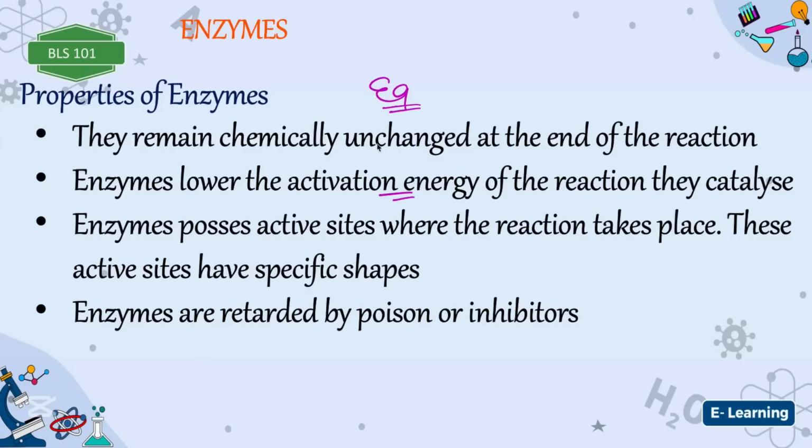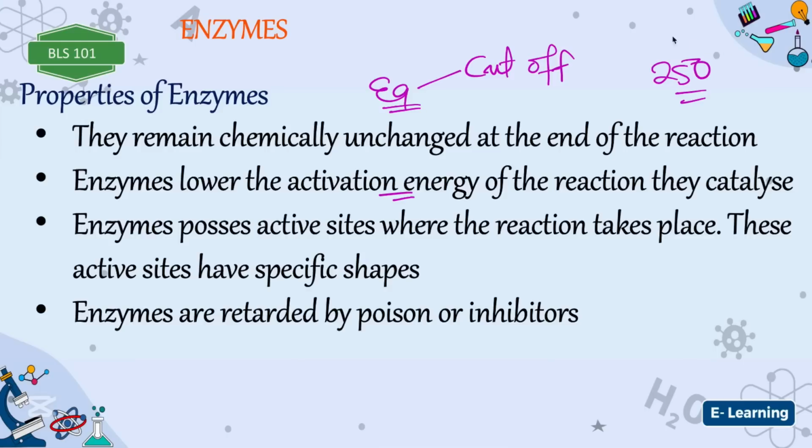Activation energy. All right. Activation energy is more like the cutoff mark. If the cutoff mark in NDU is like 250, some of you will still be at home. You wouldn't have reacted or wouldn't have been in the university. So the activation energy is like the energy that must be reached for a reaction to take place. It's like a cutoff, a threshold energy. Once a reaction reaches that energy level, it can take place. But if it does not reach that energy level, it will remain like that.